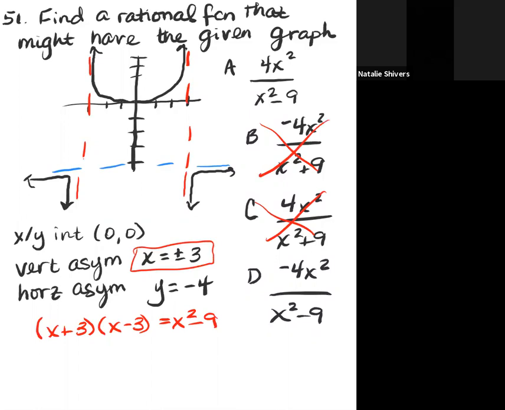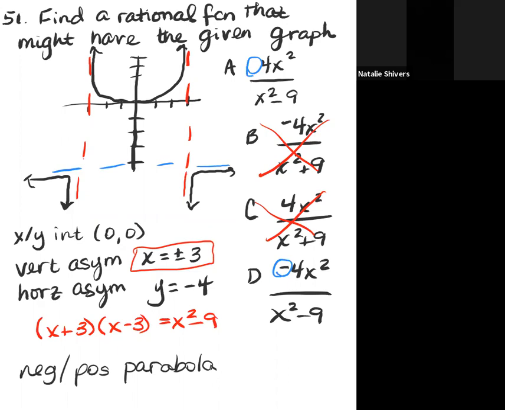Now I just need to determine what happens with that negative. Do I have a negative or a positive? From that, that's going to be a parabola, so I either have a negative parabola or a positive parabola. That's what's graphing, that's where that's coming from.